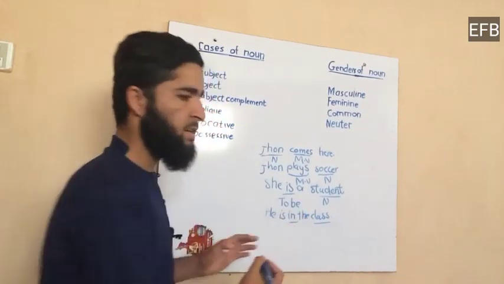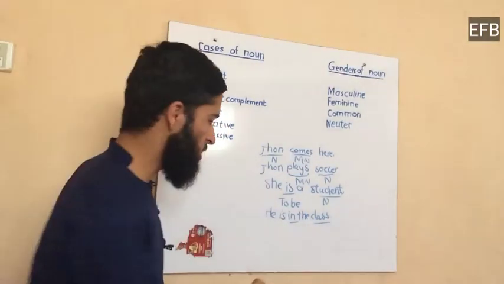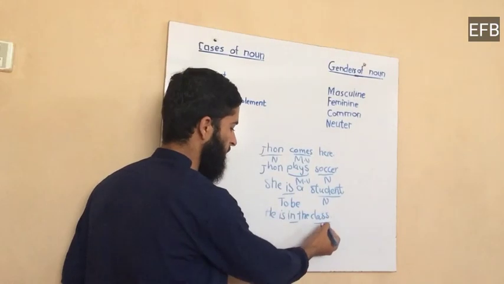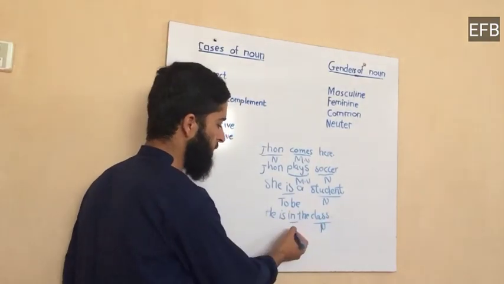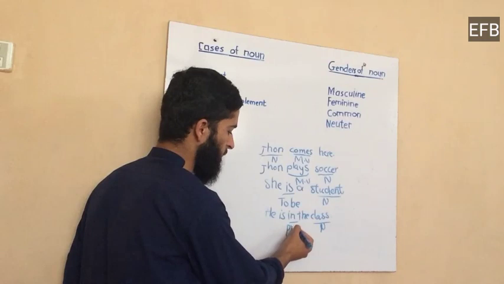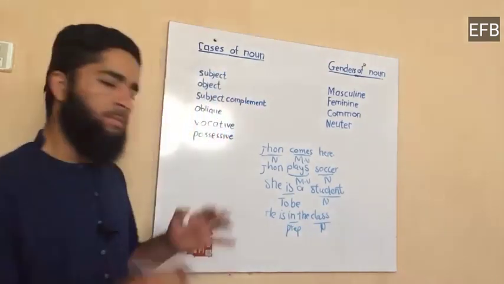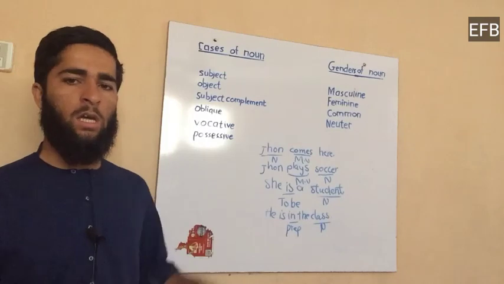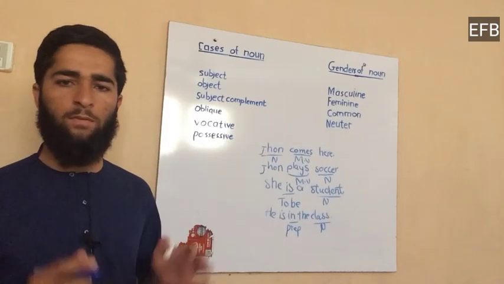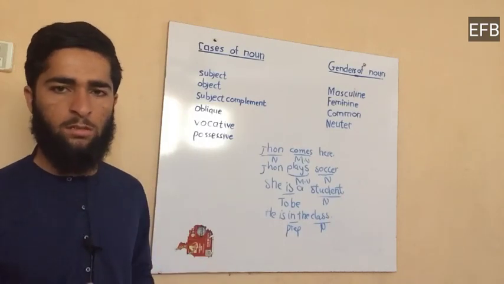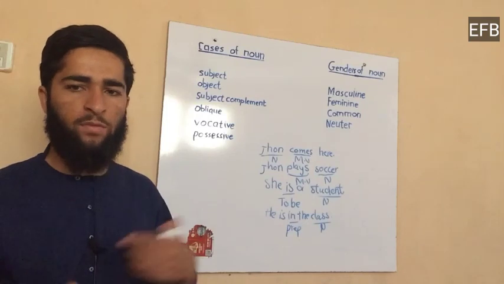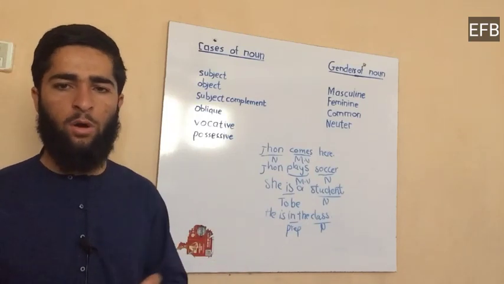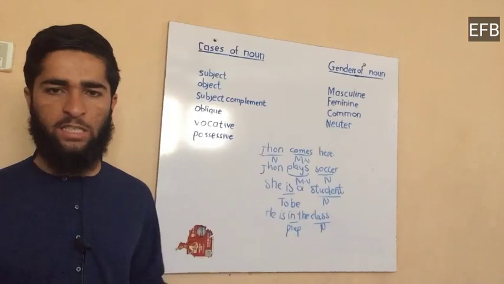You can see here in is a preposition and class is a noun again. In subject complement case the noun comes after a to be verb. In oblique case the noun comes after a preposition, such as I'm from Afghanistan or he is from India, etc.